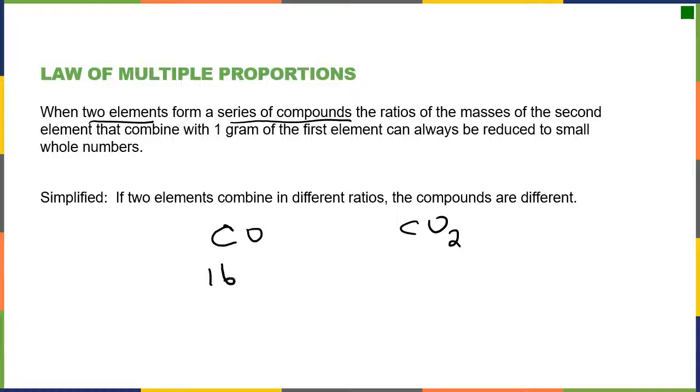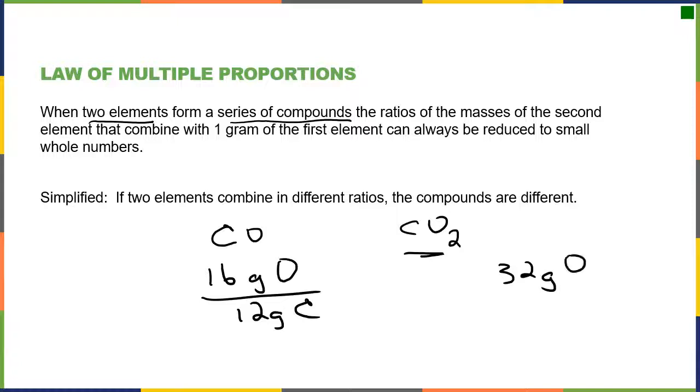So if I have 16 grams of oxygen here versus 12 grams of carbon, and in this case on carbon dioxide, I'm going to have 32 grams of oxygen for every 12 grams of carbon, what they recognized was that this ratio or this difference right here was a whole number. So that is our start on the law of multiple proportions.